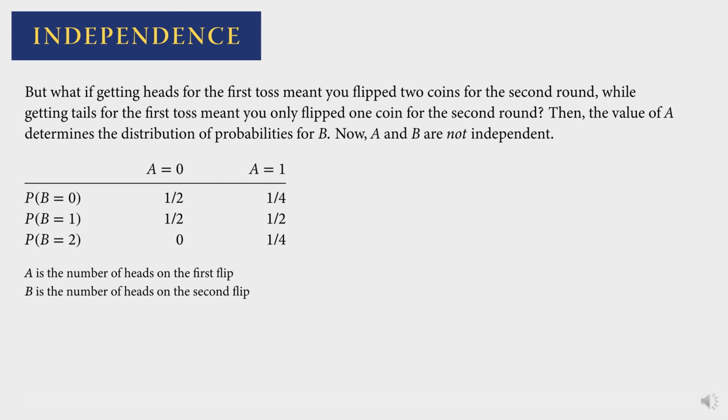I want to change the experiment a little bit. Now, if you get heads on the first flip, you flip 2 coins for the second flip. If you get tails on the first flip, you still only flip 1 coin for the second. Now, A can equal 0 or 1, but B, which counts the number of heads on the second round, can equal 0, 1, or 2.